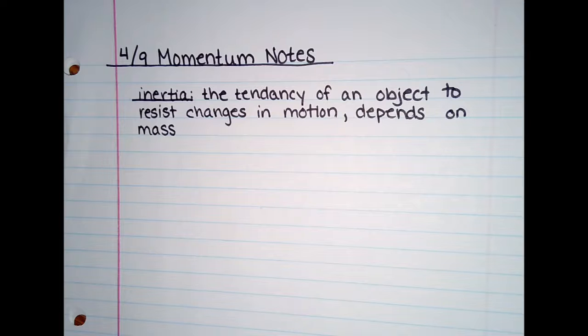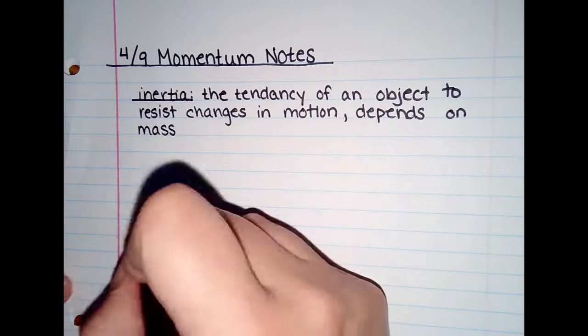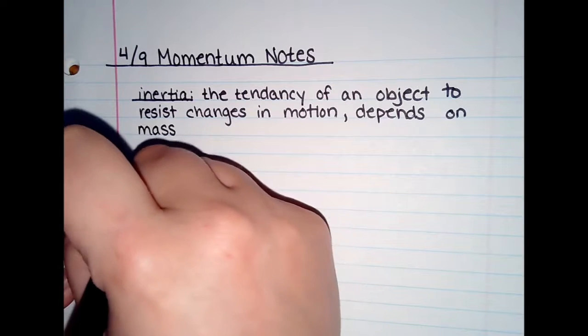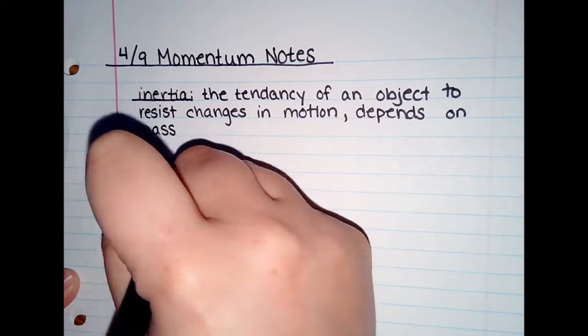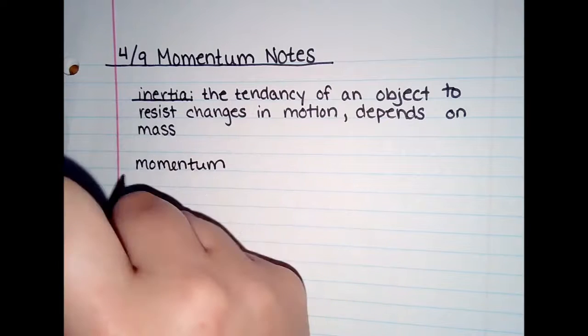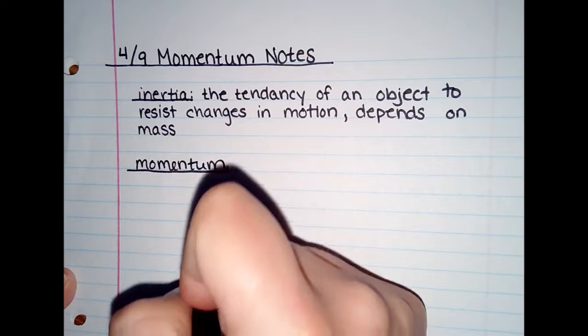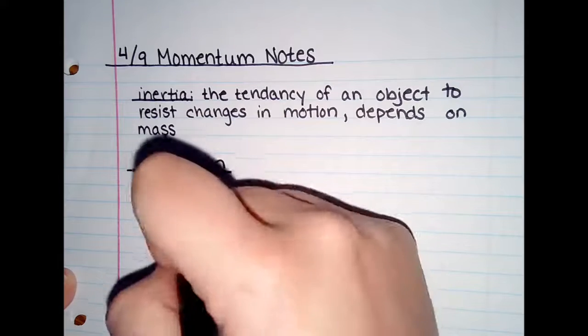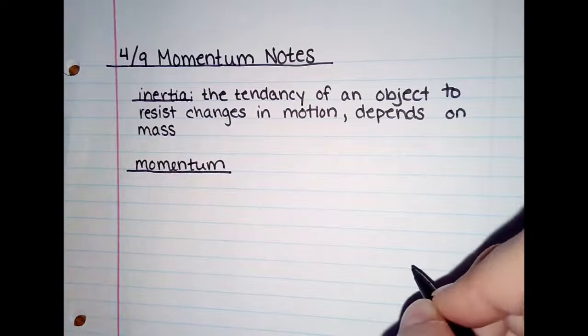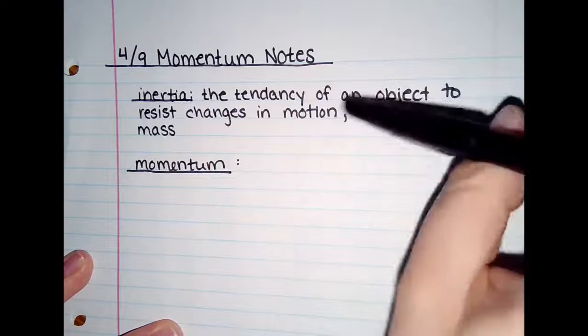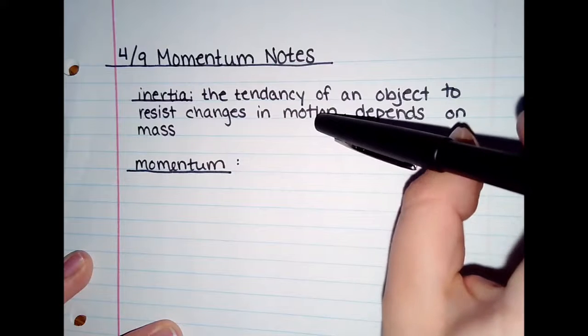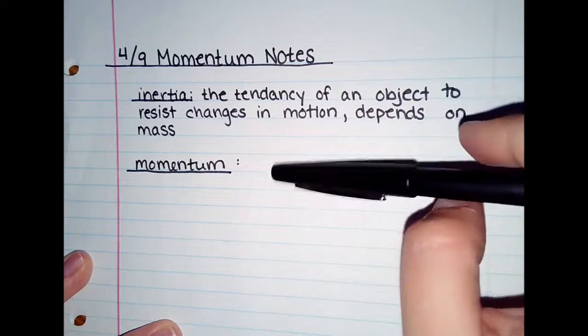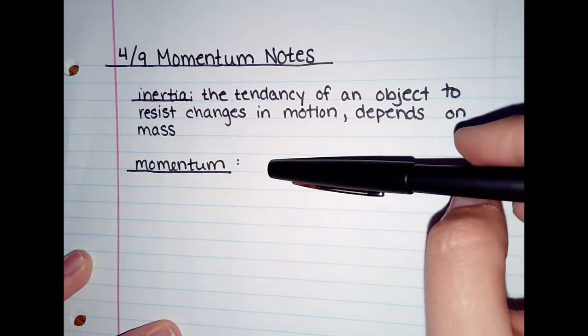So then, I think you have heard and used the word momentum. How is this any different than inertia? Inertia can be at rest. If you talk about something like, oh, that has a lot of momentum, it's moving.